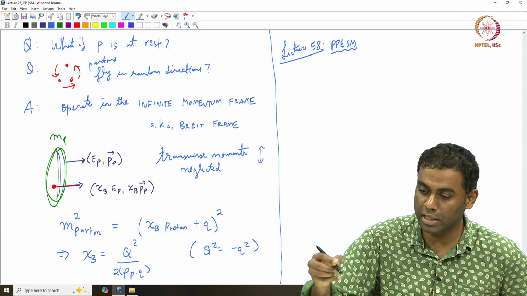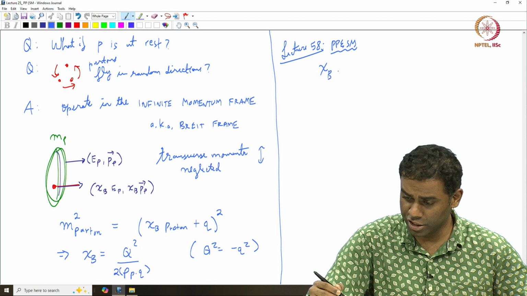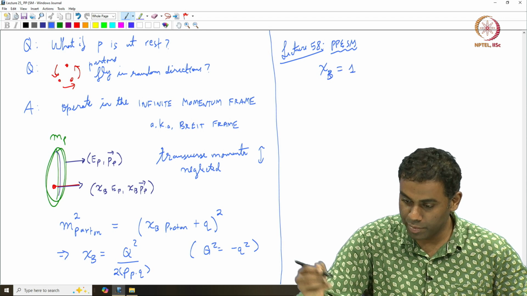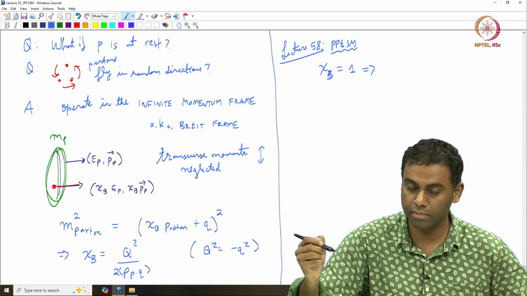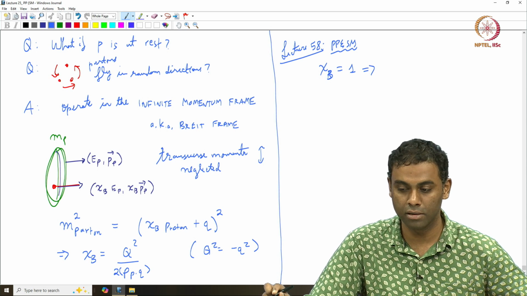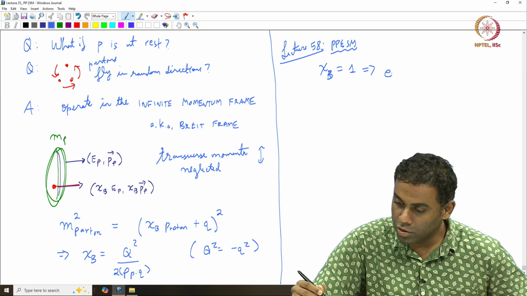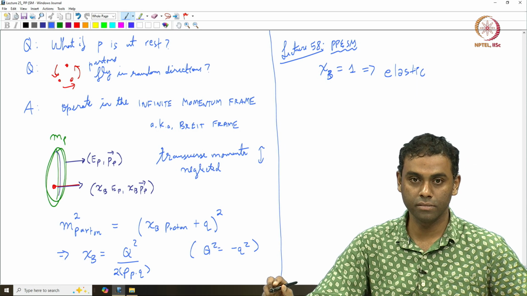Now there is one other interpretation to this Bjorken X. If you measure xb equals 1, what does that mean? It means the parton is carrying all the momentum of the proton, right. That actually turns out to be nothing but elastic scattering, okay.